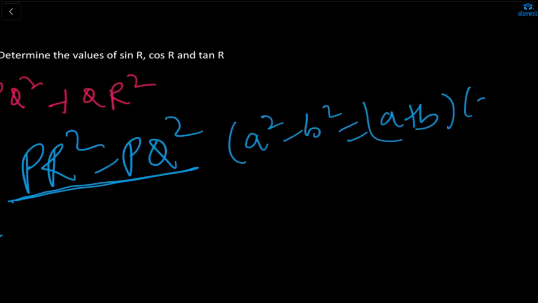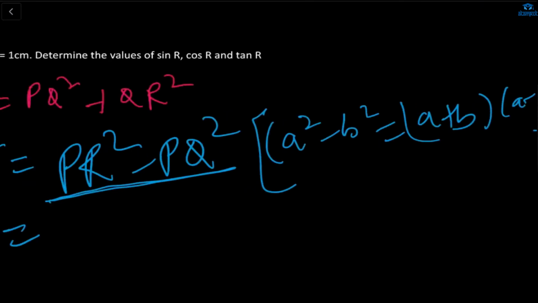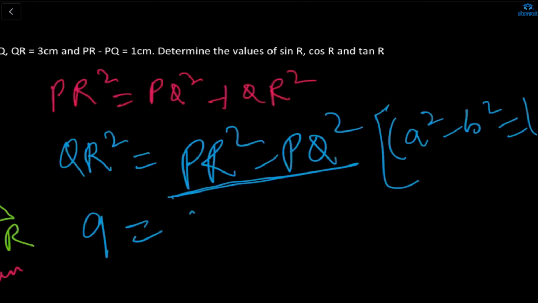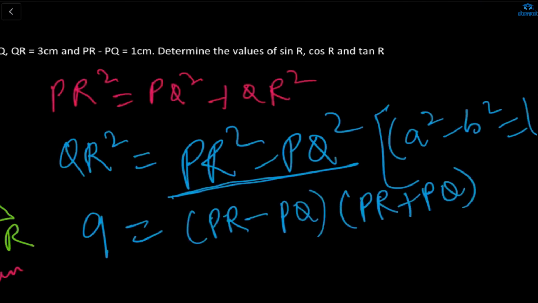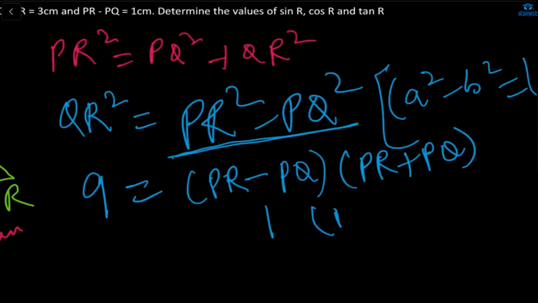When you keep on using this, then whenever you see the question, it directly strikes you what we have to do. So the same thing we are going to do here. PR minus PQ multiplied by PR plus PQ, because we know the value of PR minus PQ. So here we can write 1 and PR plus PQ. Now if you multiply 1 with it, it will be the same.